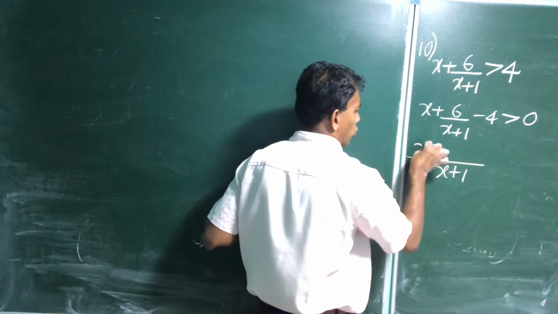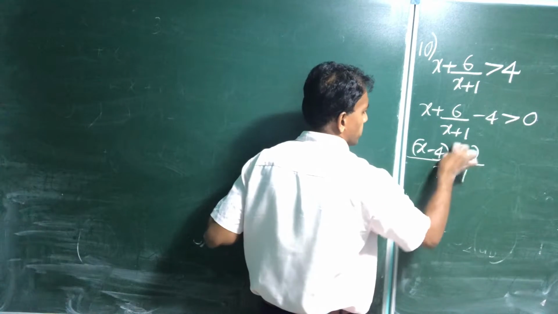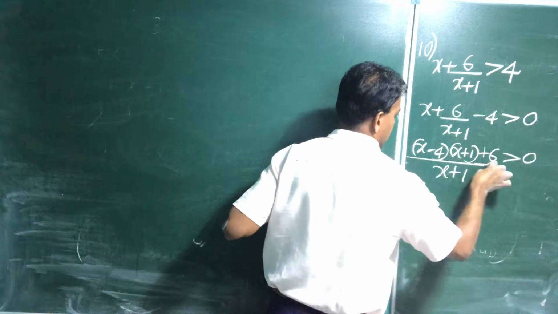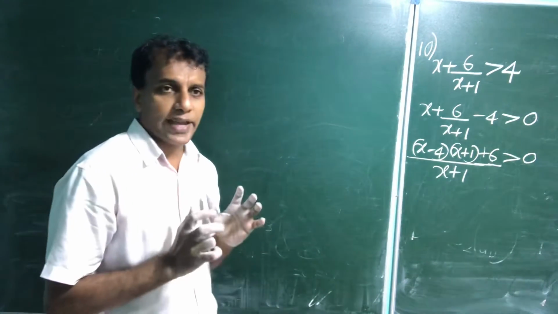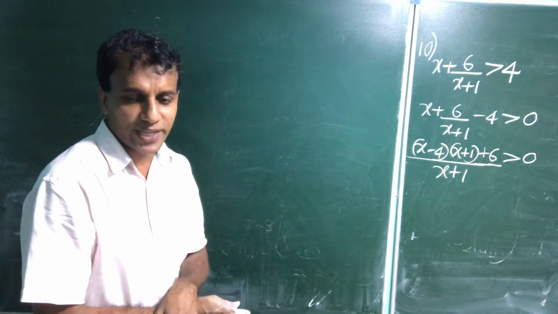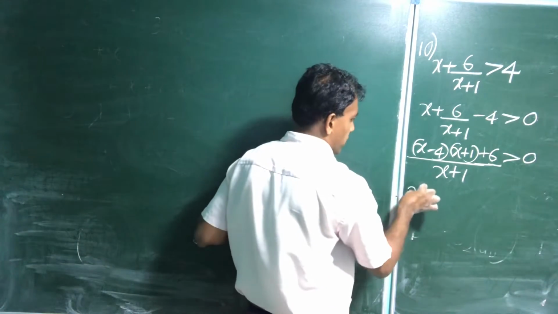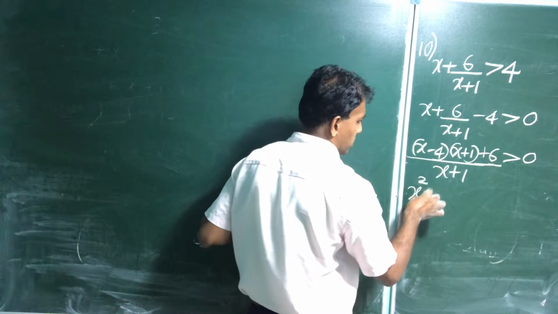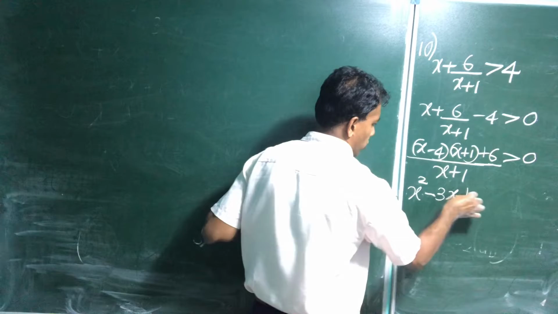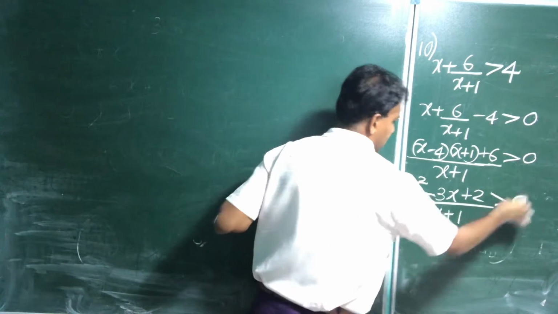The 4 must be multiplied by x + 1. Using algebraic fraction simplification with the LCM, here x squared, multiplying the brackets, minus 4 plus 1 minus 3, gives minus 3x plus 2, over x + 1, greater than 0, right?